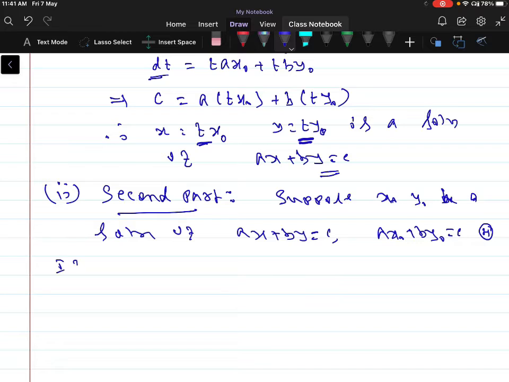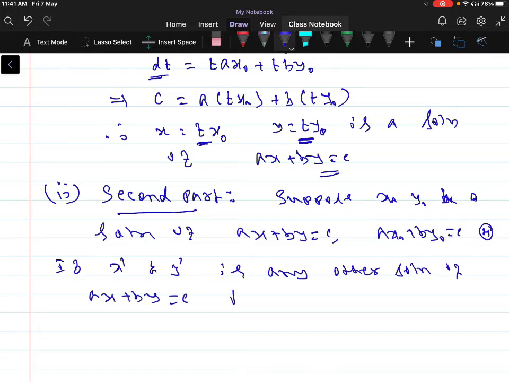If x dash and y dash is any other solution of the Diophantine equation ax plus by is equal to c, then a into x dash plus b into y dash is equal to c. Let us record this as equation number 5.